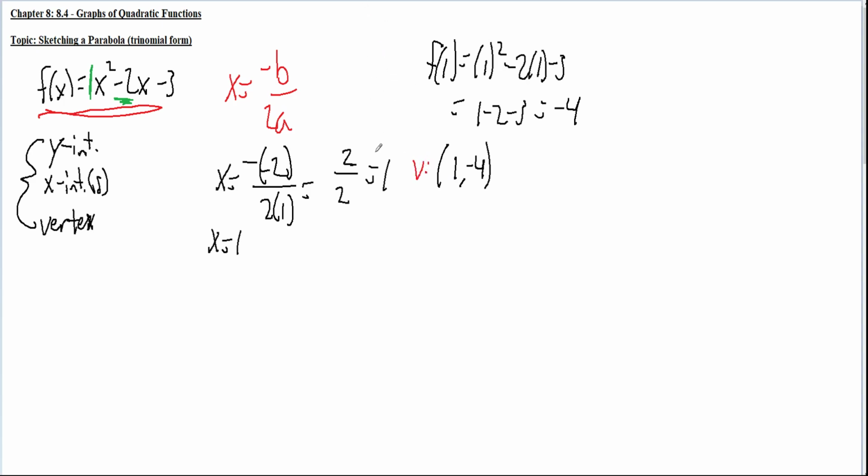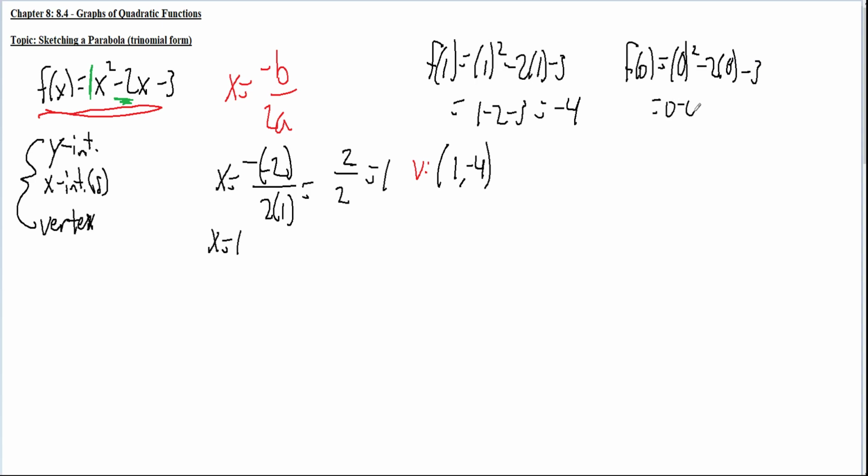Then we can try finding our y-intercept. To find the y-intercept, x is equal to 0. So we put f of 0 equals 0 squared minus 2 times 0 minus 3.